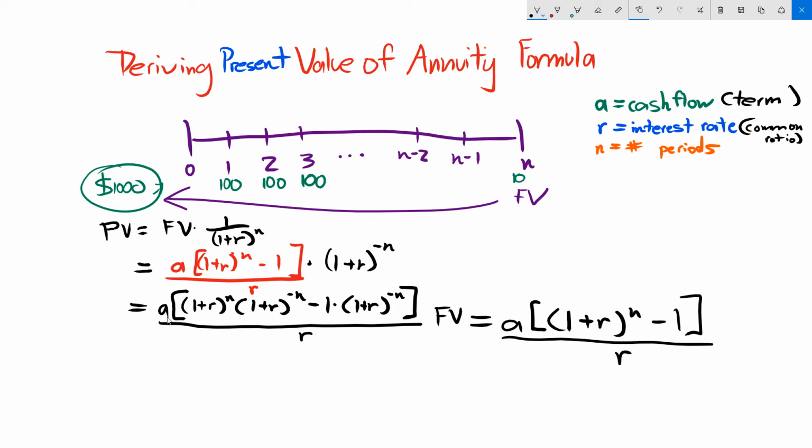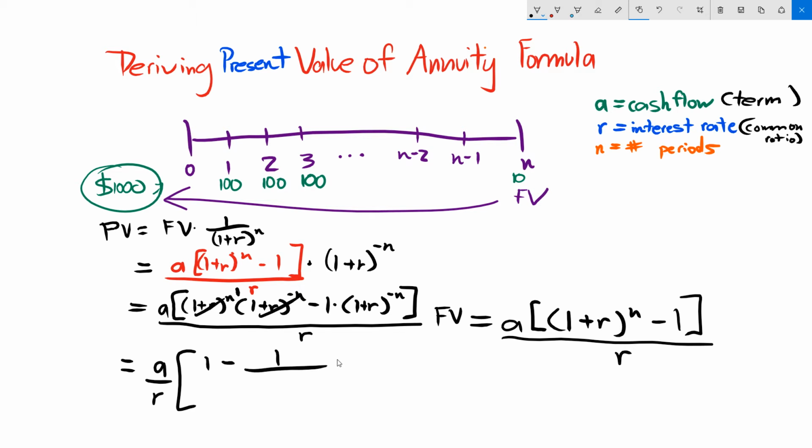Now that we've done that, we can see that there are some terms here that we can actually get rid of because they cancel out. So this is going to cancel out with this, so that leaves us with 1. And we can write this out in a less messy way. I'm going to rewrite this in a nicer way because I don't like to have negative exponents in the top.